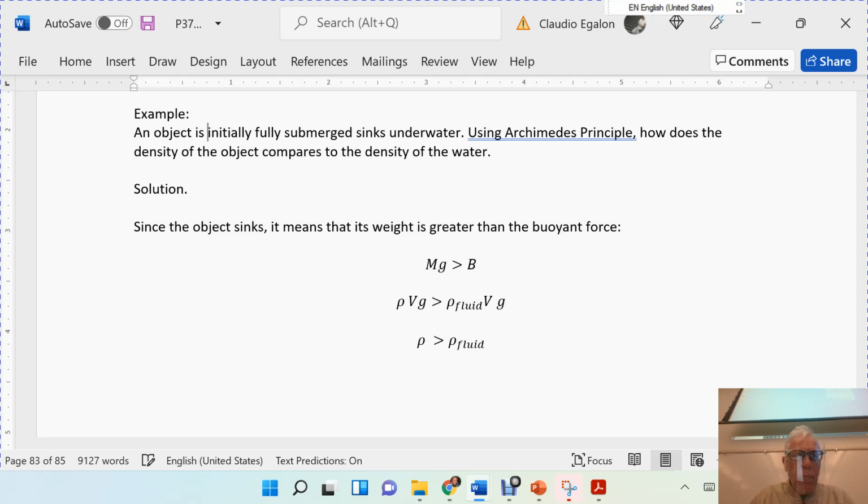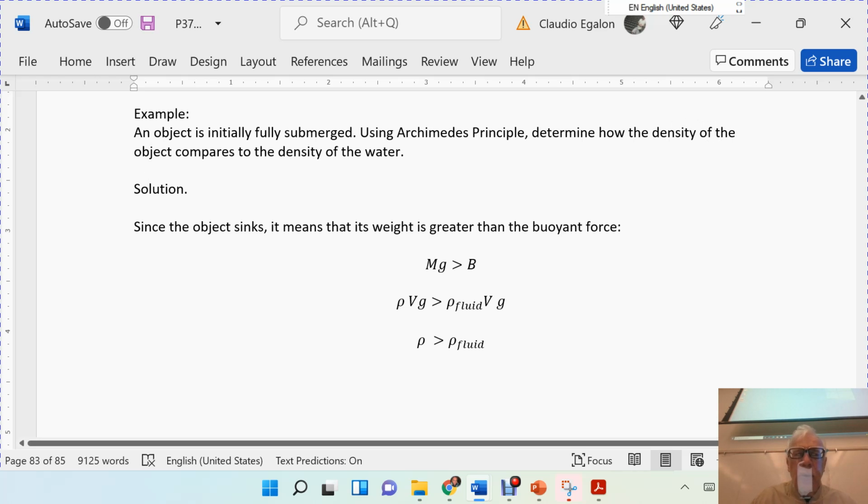An object is initially fully submerged. Using Archimedes' principle, determine how the density of the object compares to the density of the water.